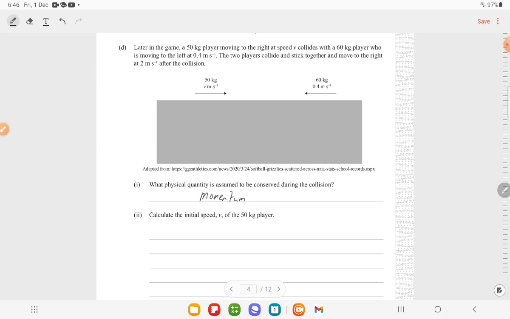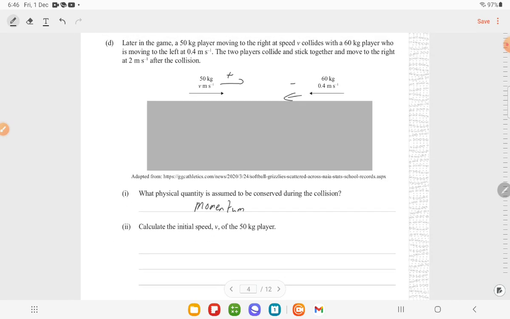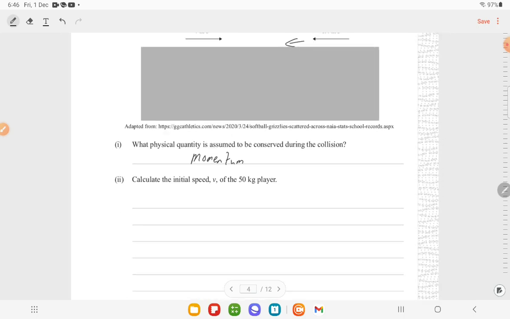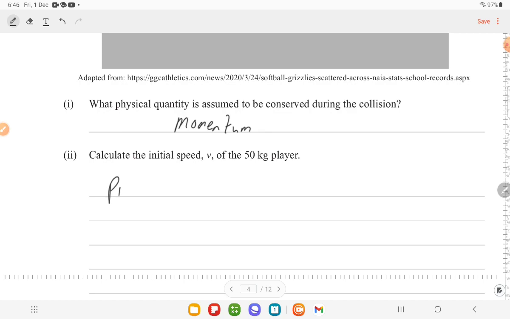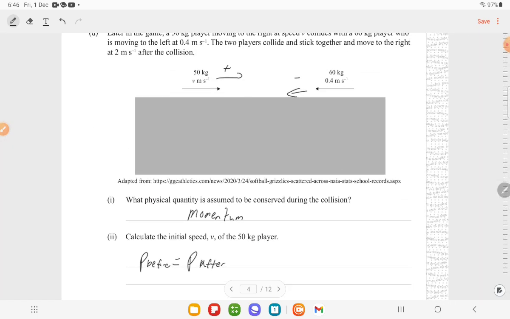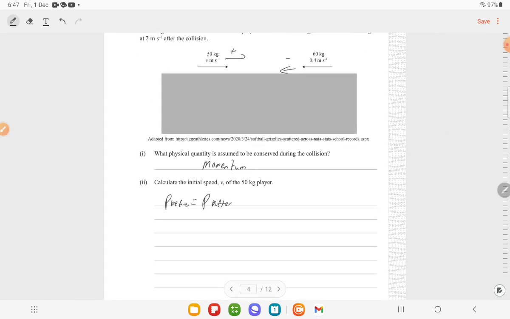Okay, so let's set moving to this side as positive, and because this one is going the opposite direction, it would be negative. So conservation of momentum says p before is equal to p after. The momentum before is the total momentum, so there's this momentum and this momentum.